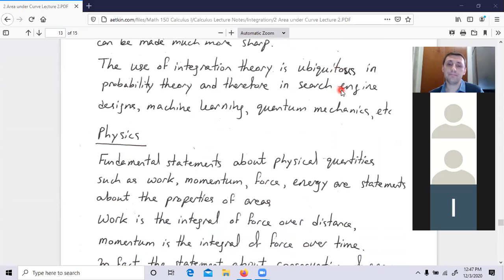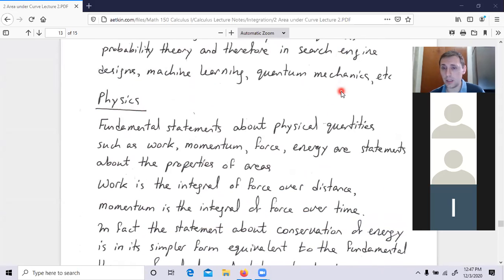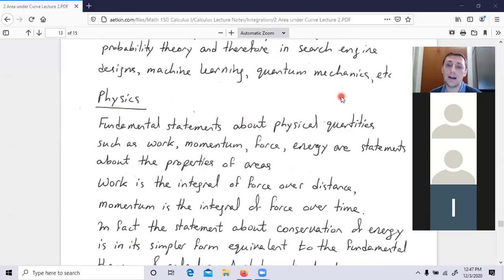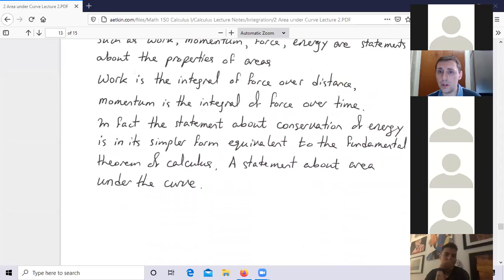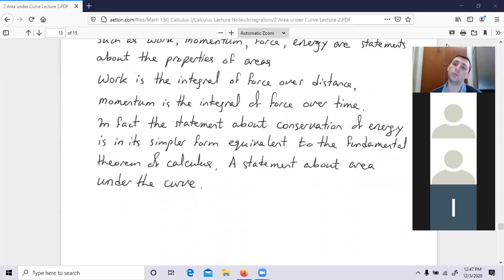In physics, even in classical physics, you have fundamental statements about physical quantities such as work, momentum, force, energy. All those things have to do with integrals. The statement that energy is preserved can be viewed as a statement about integrals, at least when you have few forces involved. And the conservation of momentum is an integral property. It's the fundamental theorem of calculus, which is expressed in terms of area under the curve.